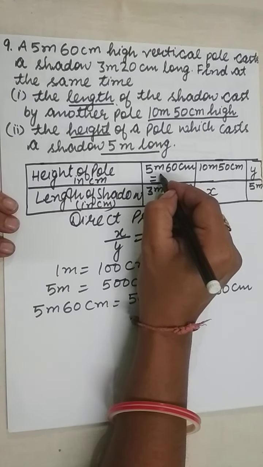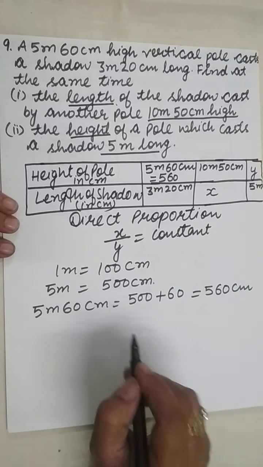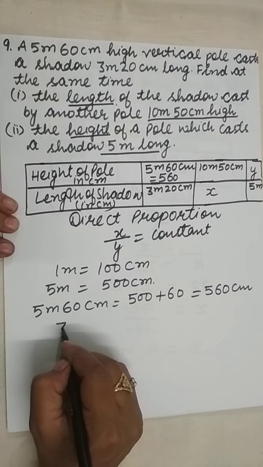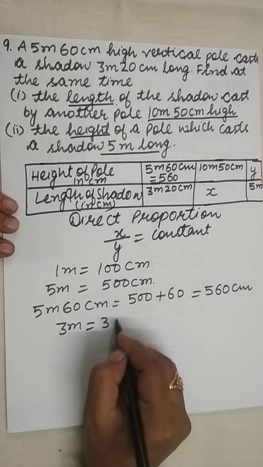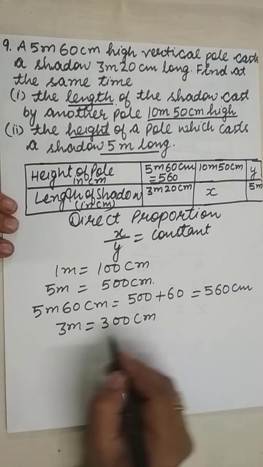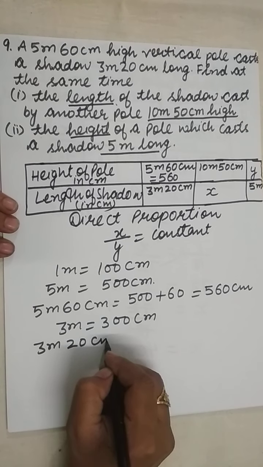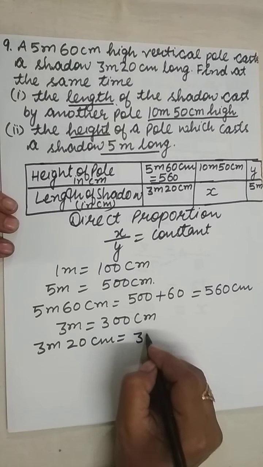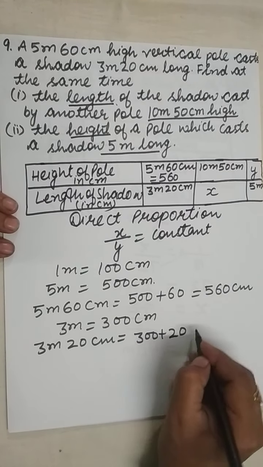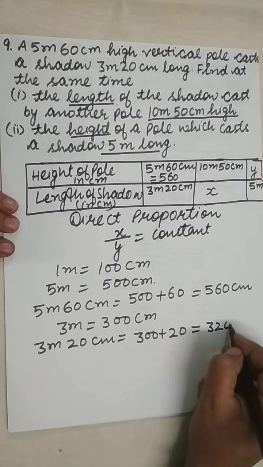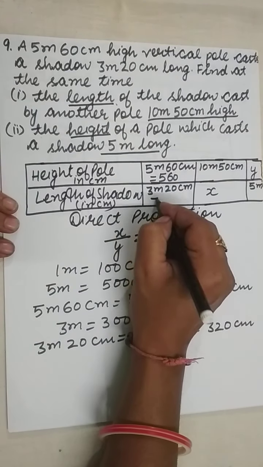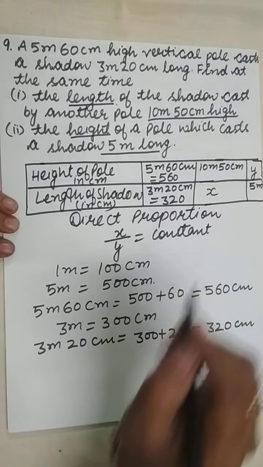Similarly, 3 meter will be equal to 300 centimeters. So 3 meter 20 centimeter is equal to 300 plus 20, which is equal to 320 centimeters.